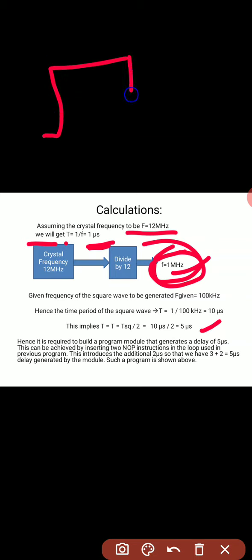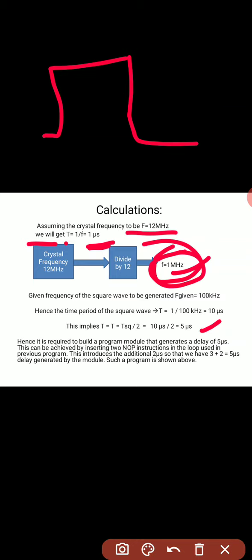But here, from the internal circuitry, after dividing by 12, we get 1 megahertz. So capital T is equal to 1 upon 1 megahertz, that is the reciprocal of 1 megahertz, which is equal to 1 microsecond. That means internally the controller is generating a period of 1 microsecond, right?